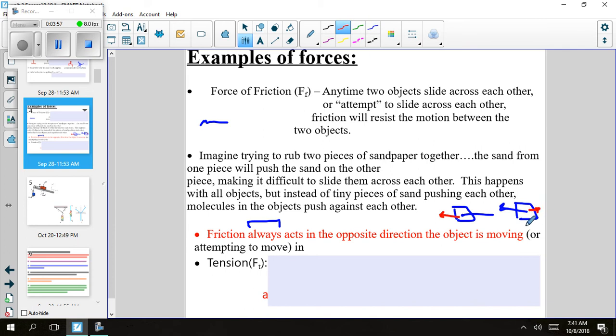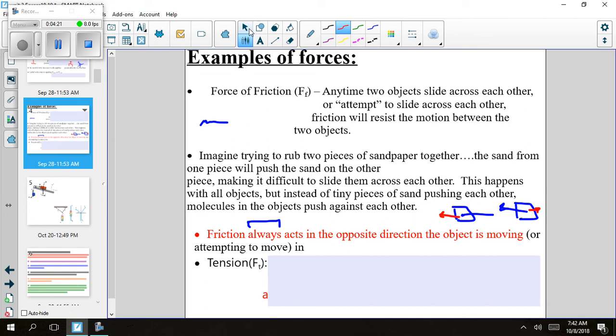That's important to remember, especially when you have a ball or a box going up a ramp, because as it goes up the ramp, friction is going down, which amplifies the force of gravity. But when it's sliding down the ramp, it's going up. You'll come into that a couple times throughout this section where friction changes direction based on the object's motion.